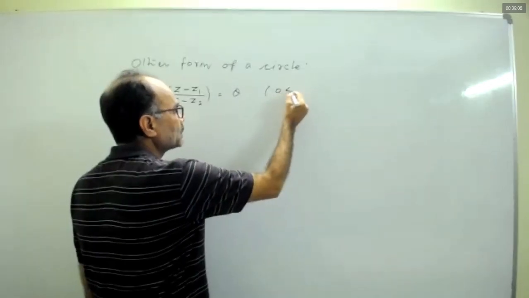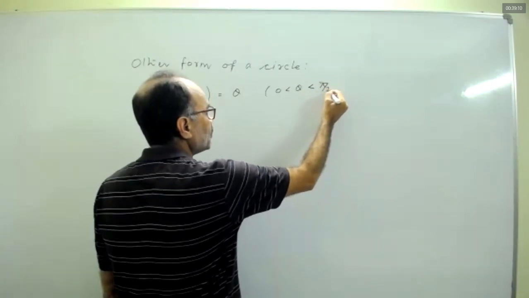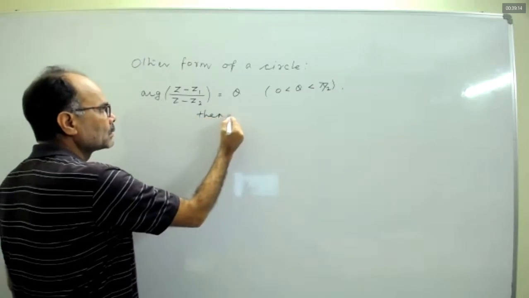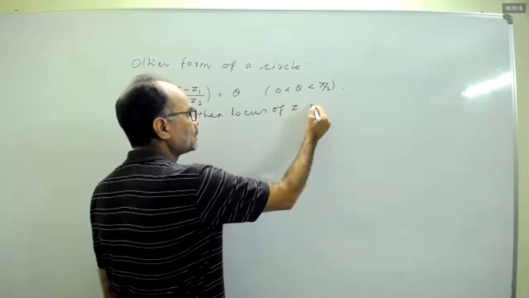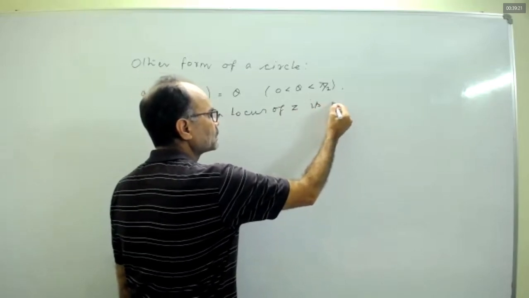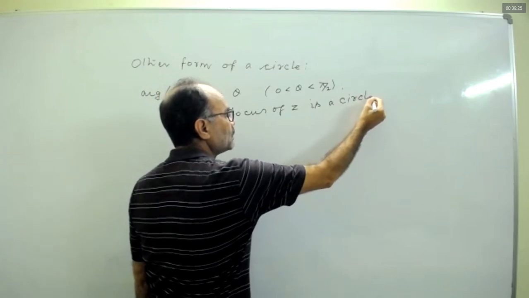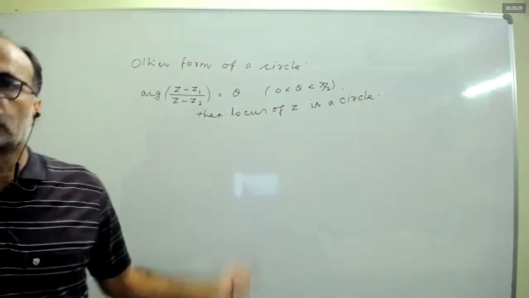If theta is between 0 and pi by 2, then the locus of z is a circle. We'll prove it by rotation.